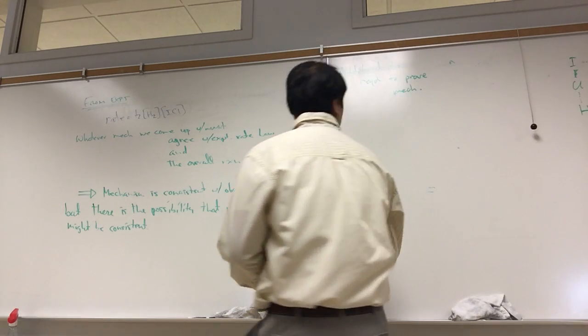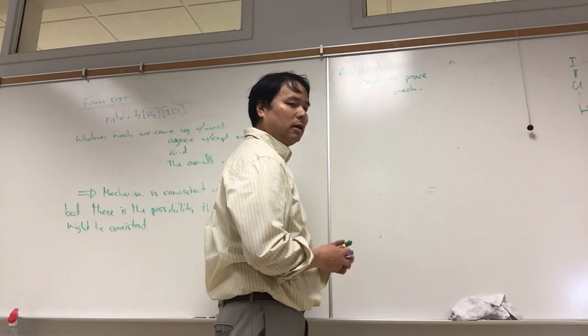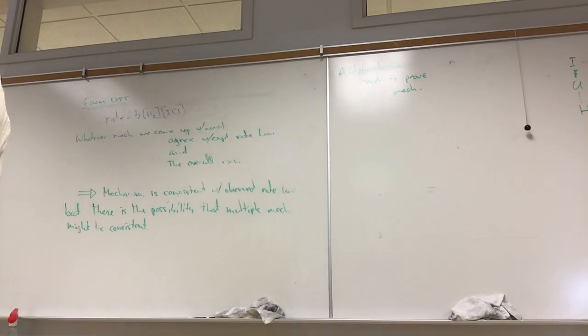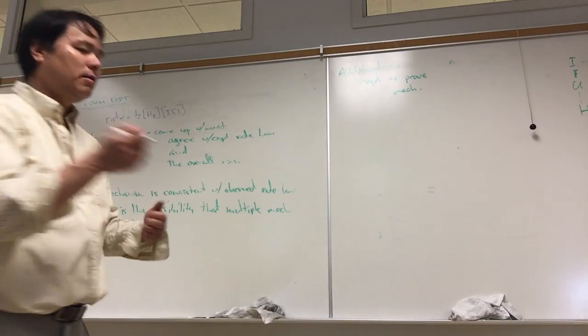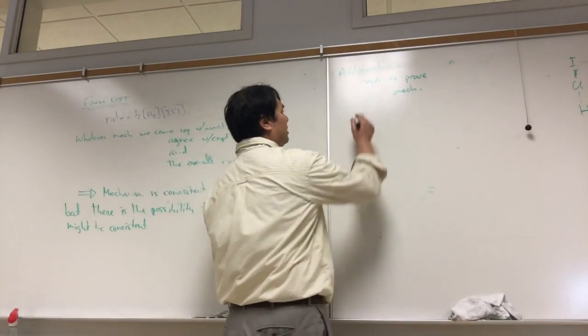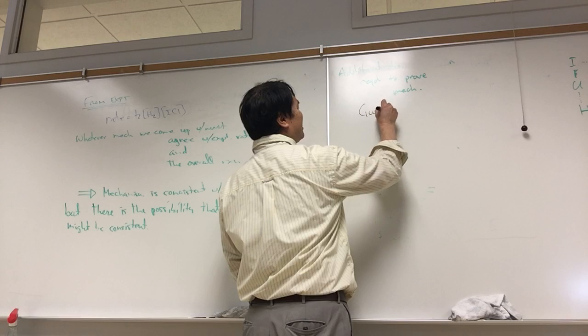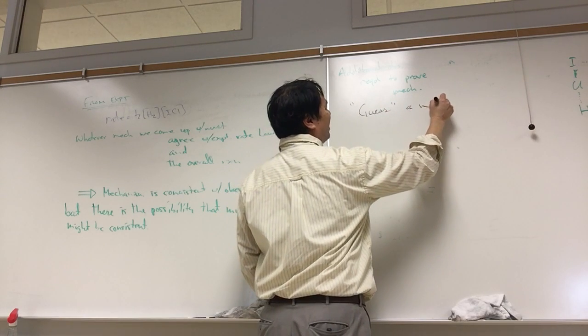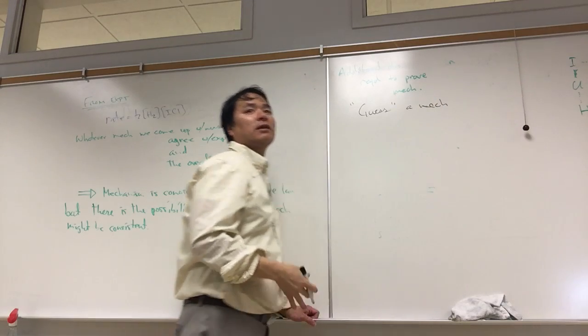Well, okay, what we're going to do is guess a mechanism, and there are three types of collisions that are common. I'm just going to call it a guess because essentially that's what we're doing. We're going to guess a mechanism for that reaction that would be consistent with that rate law.